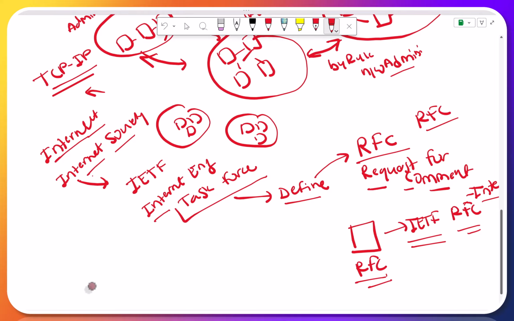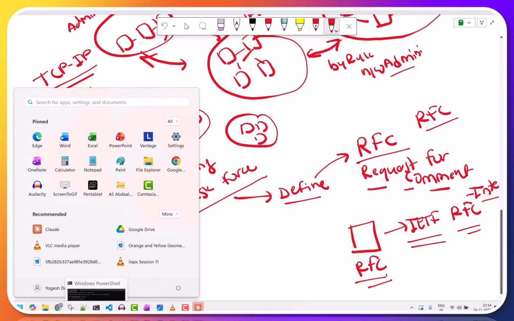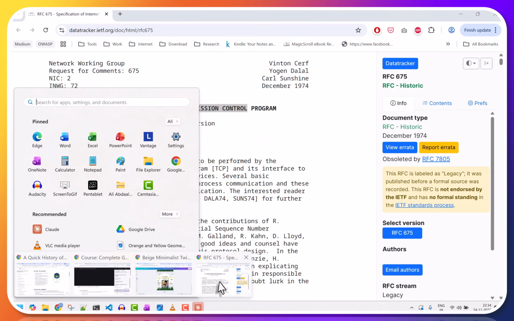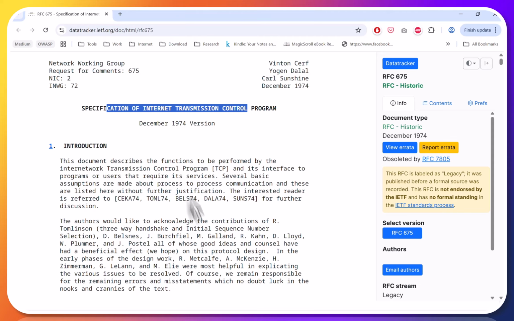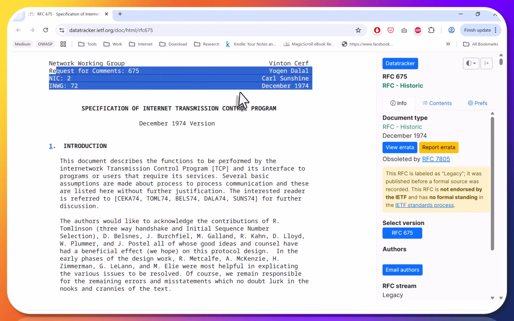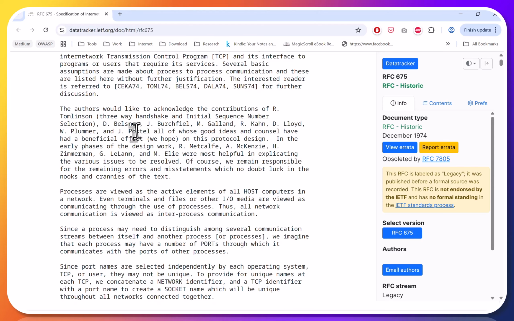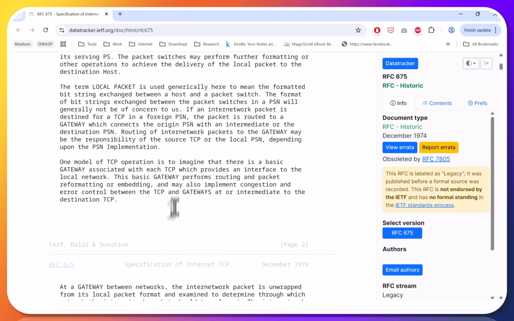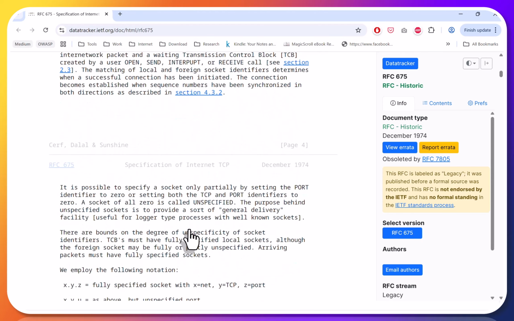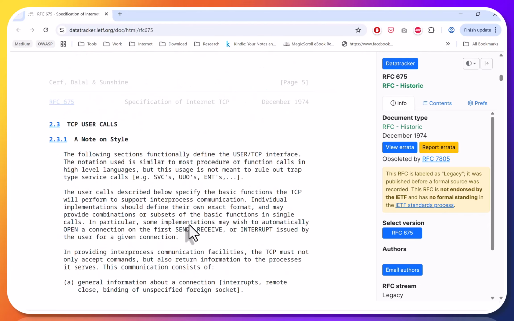So a sample RFC, if I want to show you, right? It looks like this. This is the RFC for the Internet Transmission Control Protocol, TCP. Okay, so you can see that it starts with this. Then it will have an introduction, what it does, all the information with all valid links will be maintained here.